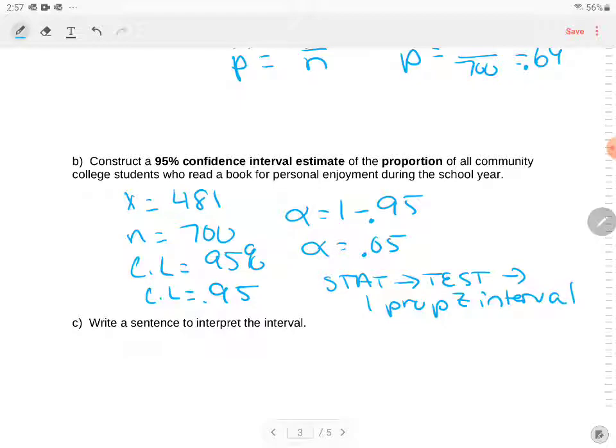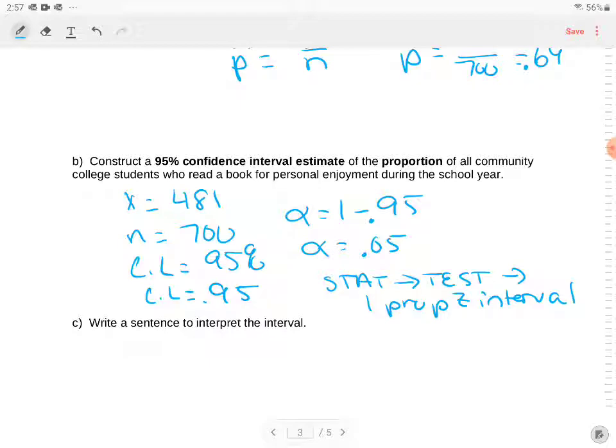Remember, that's your A. Under test, you have your confidence levels and your t-test and z-test. It's down at A, 1 proportion, because we only have 1 set of data. In chapter 11, we'll look at 2 proportions, or comparing 2 different sets of data.